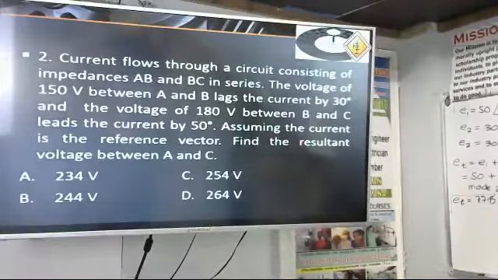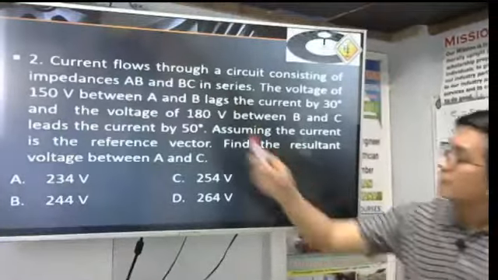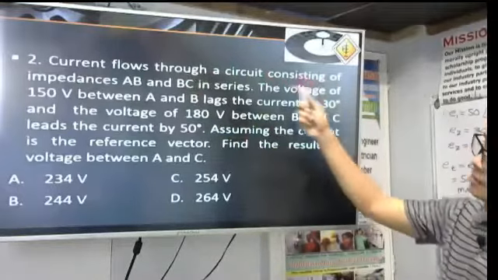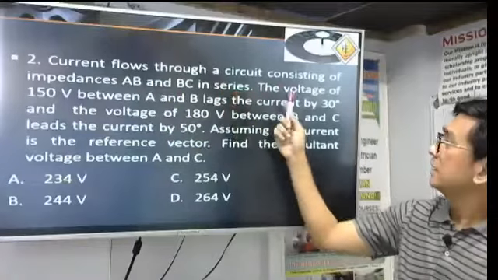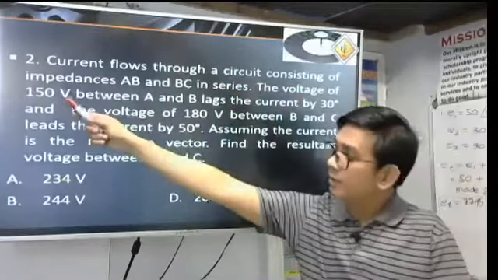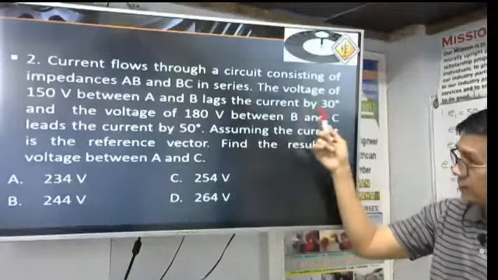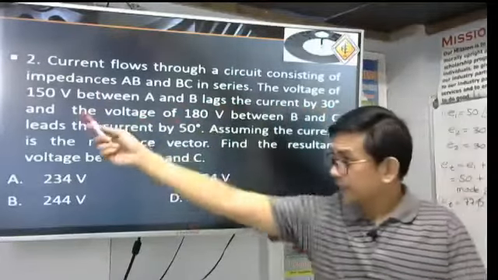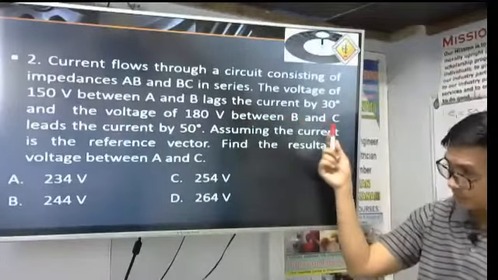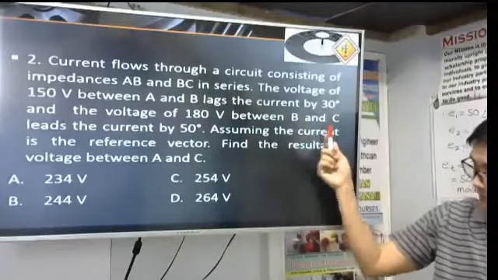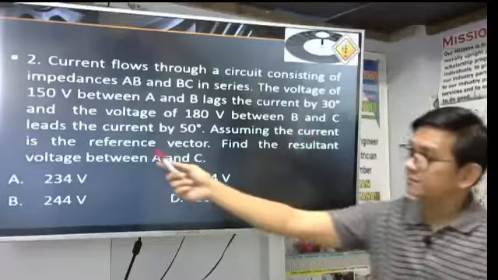Okay, for number 2, current flows through a circuit consisting of impedances AB and BC in series. The voltage of 150 volts between A and B lags the current by 30 degrees. And the voltage of 180 volts between B and C leads the current by 50 degrees, assuming the current is the reference vector.